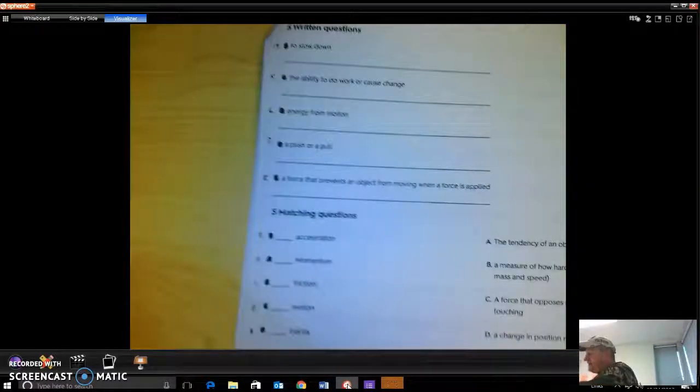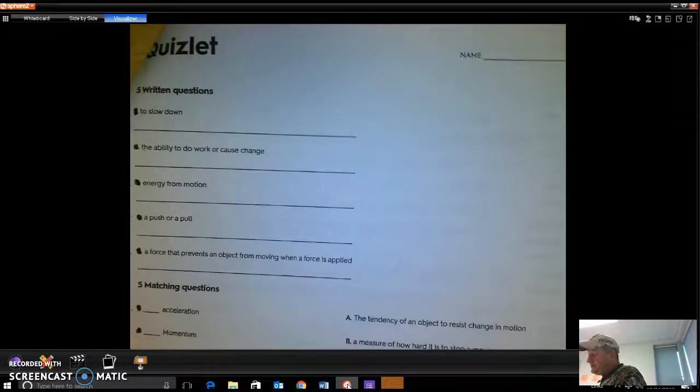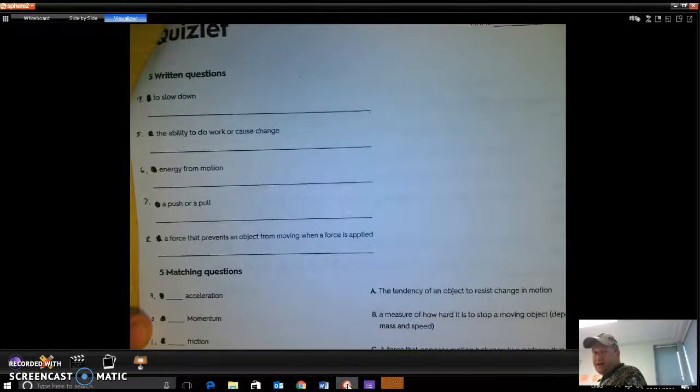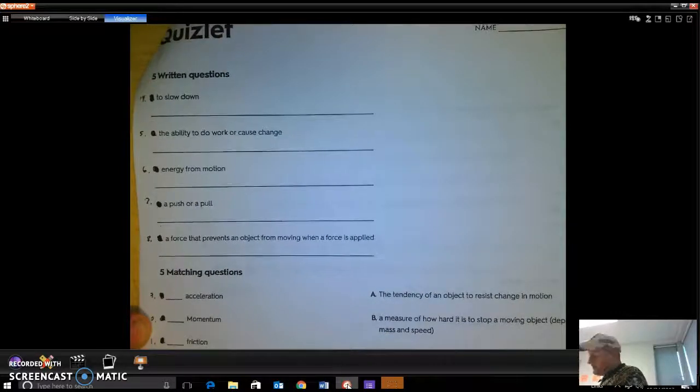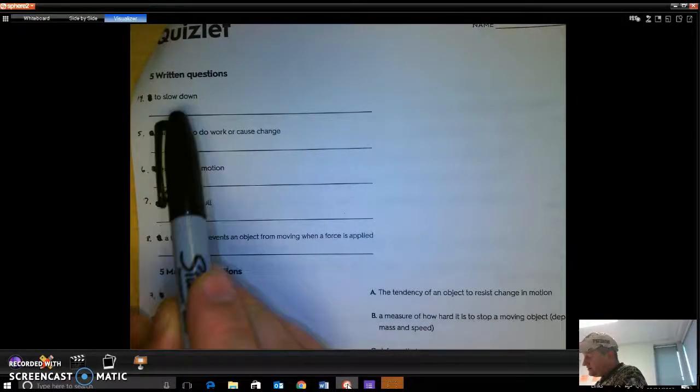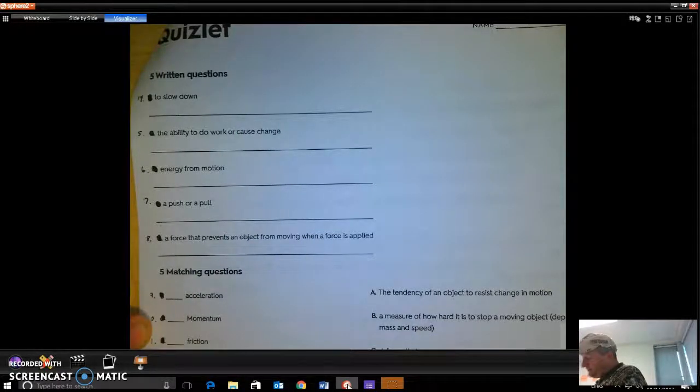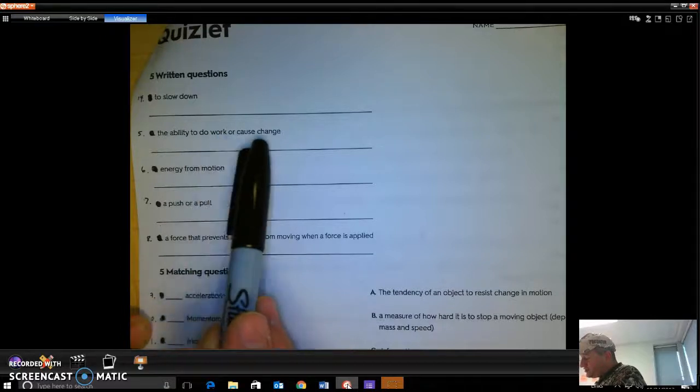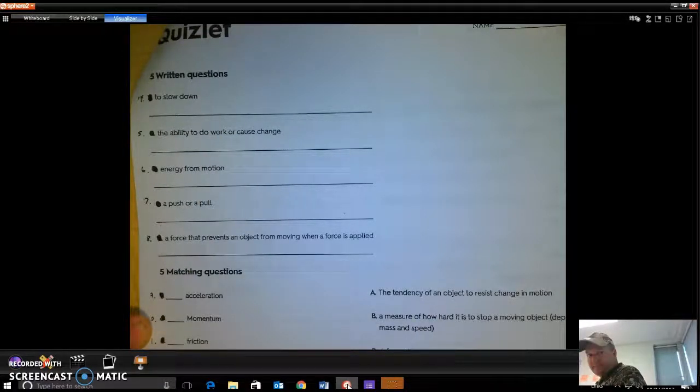Let's look at the vocabulary section here. And that would be the next part. We have written response questions. I will read these aloud for you. For problem number 14, to slow down. Write your answer on the line. Number 15, the ability to do work or cause change. 16, energy from motion.